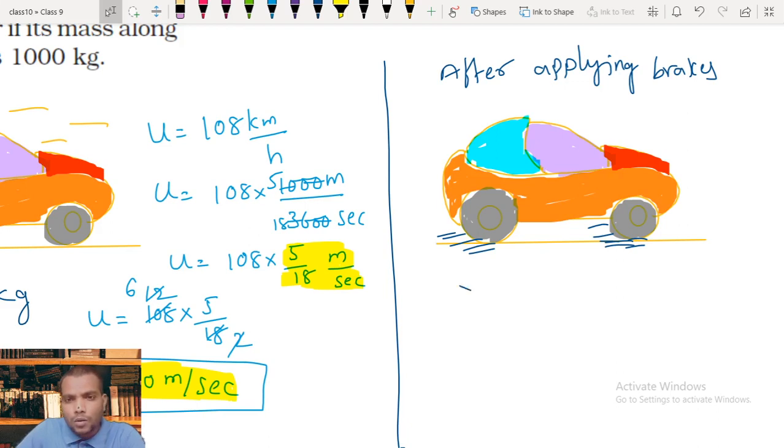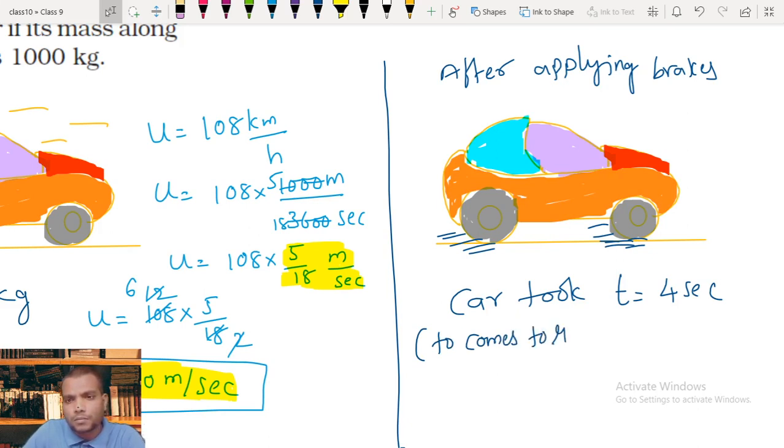The car took time t equal to 4 seconds to come to rest. So what is the final velocity here?